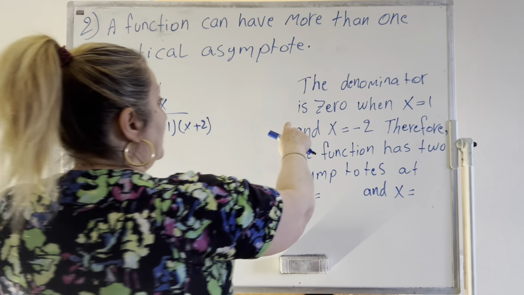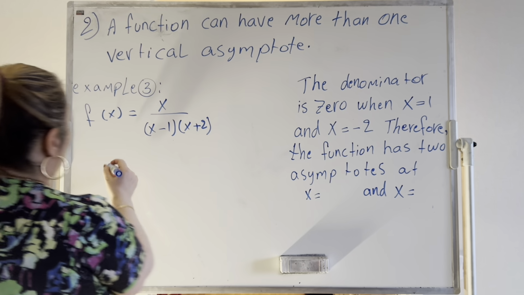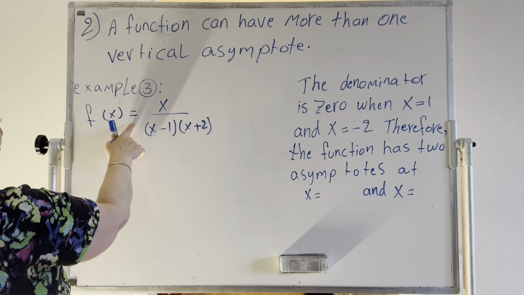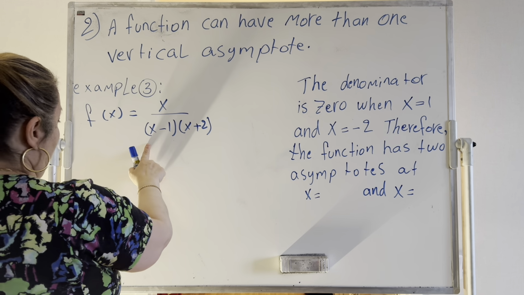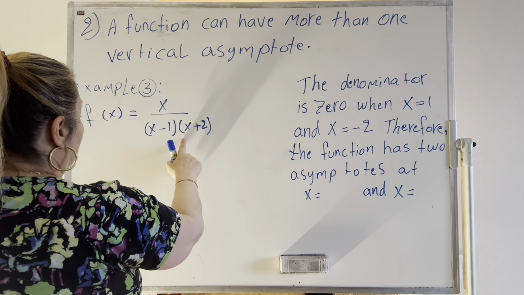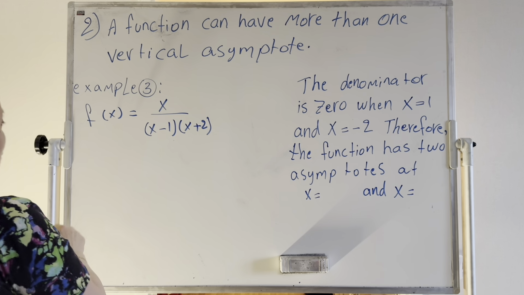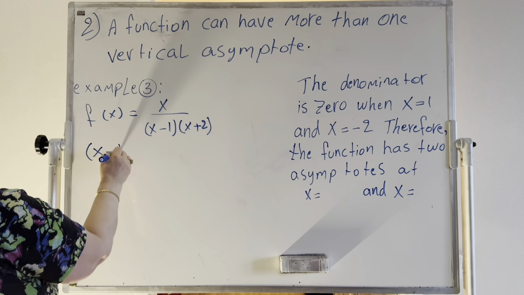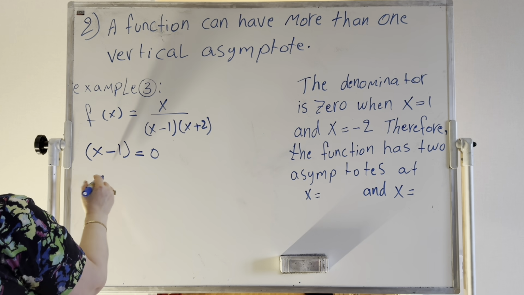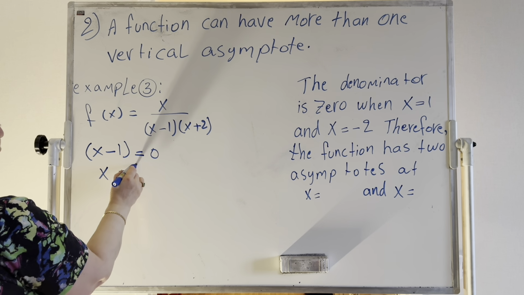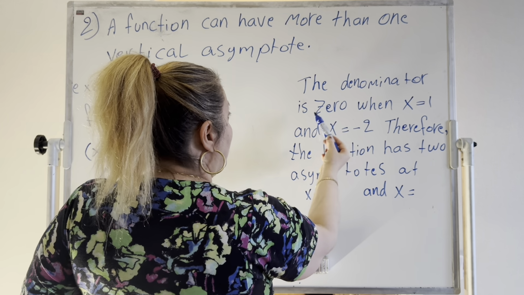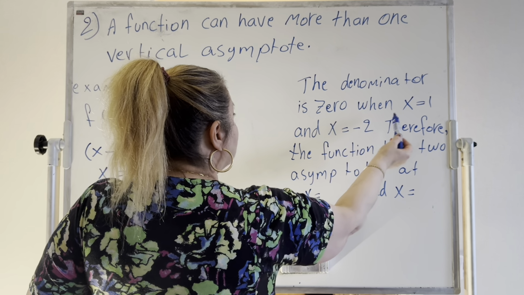The denominator is 0 when, if I take this example, f of x equals x divided by x minus 1 times x plus 2, and I take x minus 1 equals 0, x equals 1, and the denominator is 0 when x equals 1.